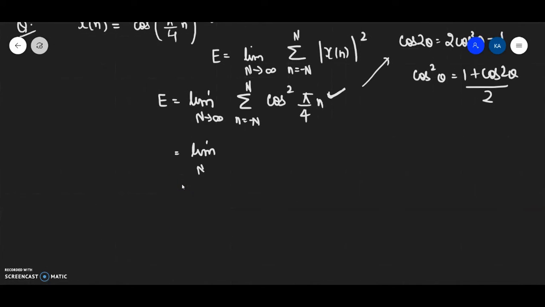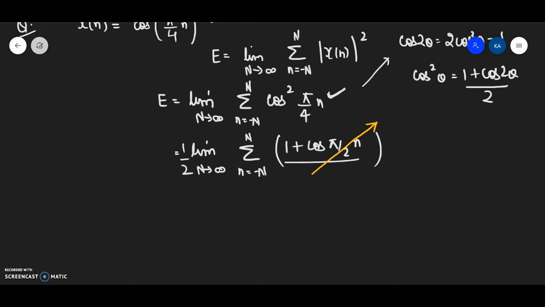This is limit n tending to infinity, n is equal to minus n to n, and this will be 1 plus cos pi by 2 n divided by 2. Fine. So I can take this 2 from here and put it outside. It is a constant. Now see, this particular term is a multiple of cos pi by 2, cos 90. So this will always be 0 irrespective of the number of times I expand this expression.